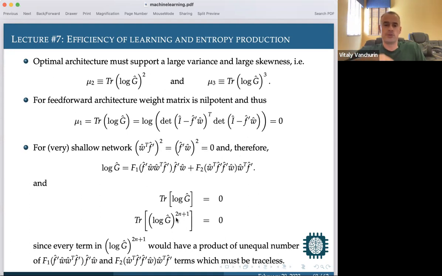Not all of them, because there will still be allowed closed loops of the odd power, but many of them will be suppressed. Here it is completely 0, but in the case of not so shallow, it will not be completely 0. And so you will have a little bit of skewness, but not large. Okay, questions?